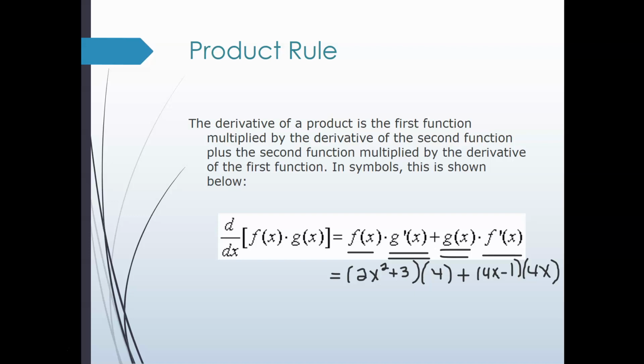To FOIL it? Yes, and that's what we're going to talk about. There are times where FOILing is easier, and times where the product rule is easier. That's why I show both.